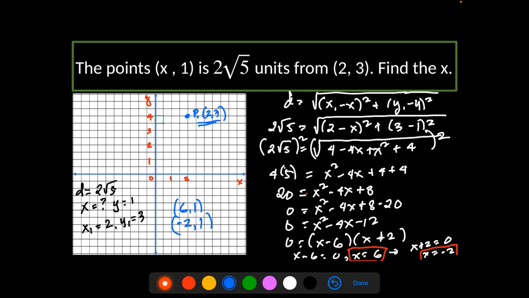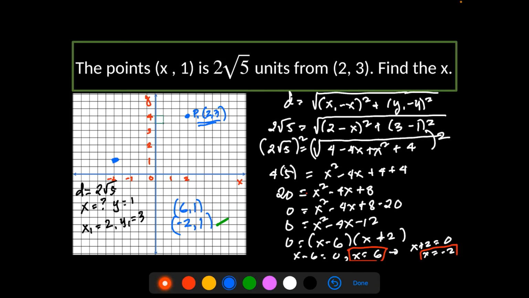Alright, so let's plot the point. Let's try this one. So negative 2 and 1. So negative 2, so we will have here negative 1, negative 2 and 1. So negative 2 and 1, it's somewhere here.